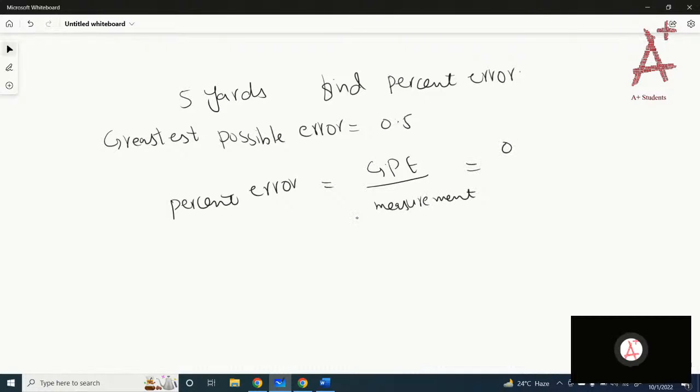So the greatest possible error is 0.5 and the measurement is 5. So you have to divide 0.5 by 5. It would be then 0.1. So you can write the answer in percentage form. So that means the percent error is 10%. Got it?